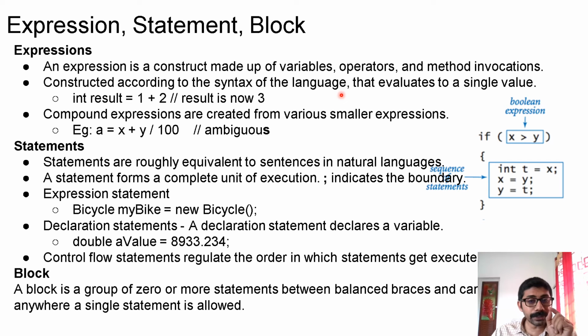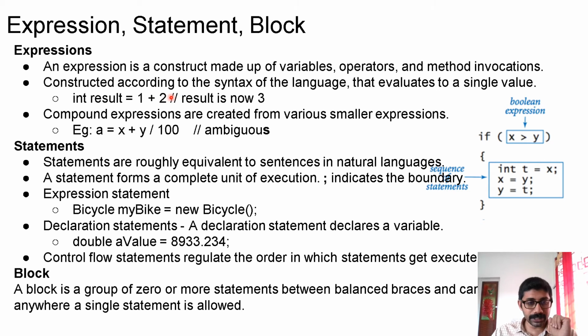When you process that expression, the resulting value will be a single value. Example: int result equal to 1 plus 2. Here 1 plus 2 is an expression because it will be evaluated to 3. So that is one expression.